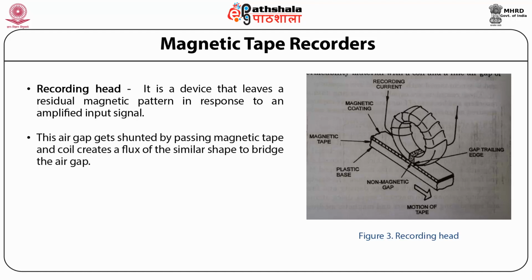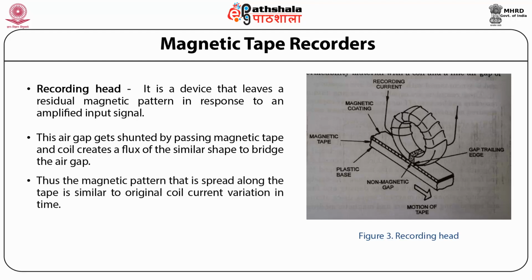This air gap gets shunted by the passing magnetic tape, and the coil creates a flux of similar shape to bridge the air gap. Iron oxide particles get magnetized when they leave this air gap, and so the actual recording takes place at the rear edge of the gap. Thus, the magnetic pattern that is spread along the tape is similar to the original coil current variation in time.